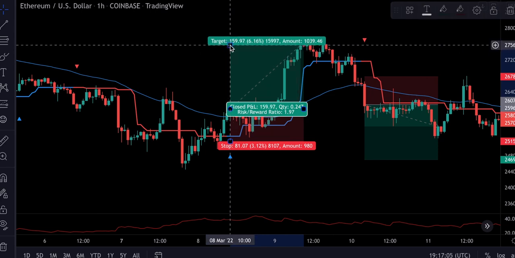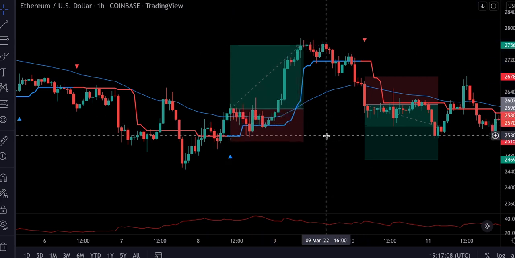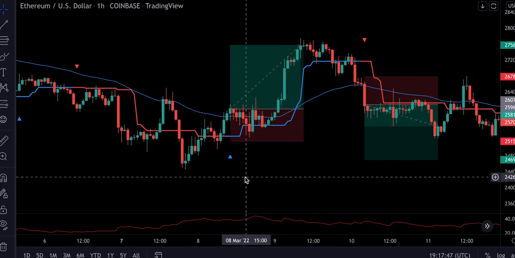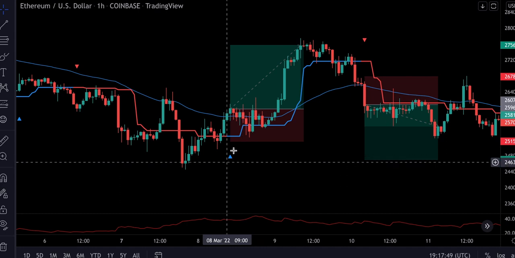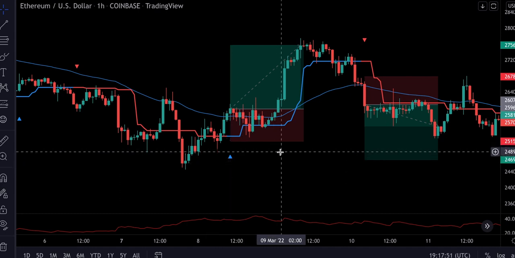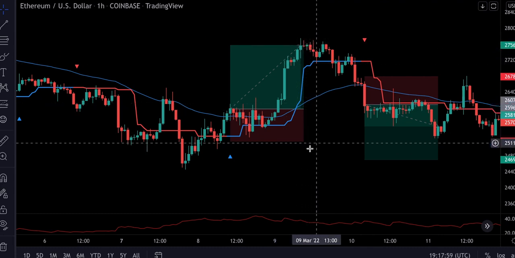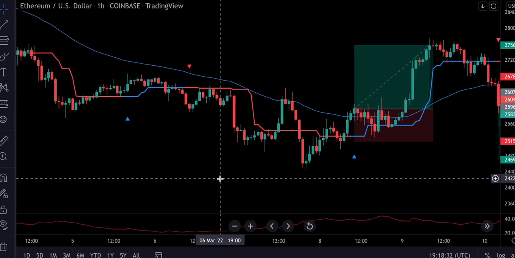There we go. So this is a winning trade actually. Also, we wouldn't close the trade if we have another signal from our indicator to go in the opposite direction. We're just going to have to wait until the price actually hits our take profit level or our stop loss.